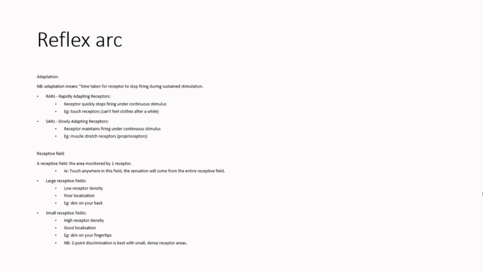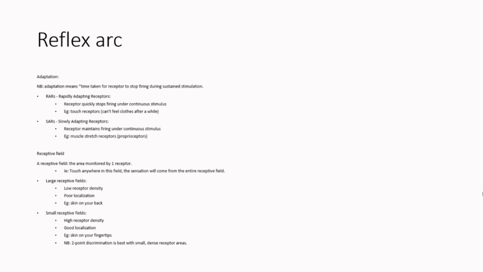Then we have the slowly adapting receptors, and they will, like the name suggests, maintain firing under continuous stimulus, and they are typically muscle stretch receptors found as proprioceptors.